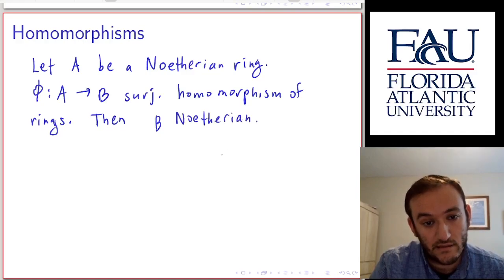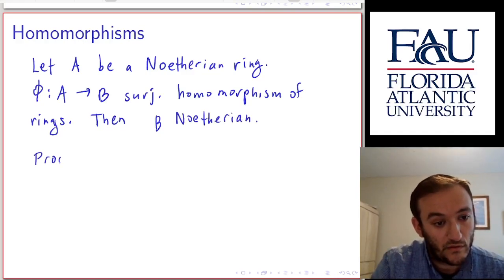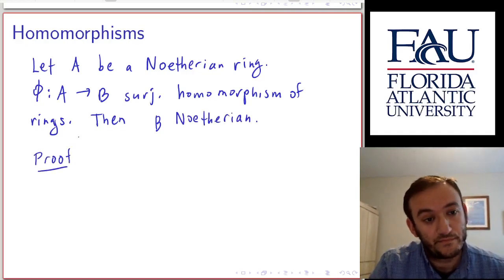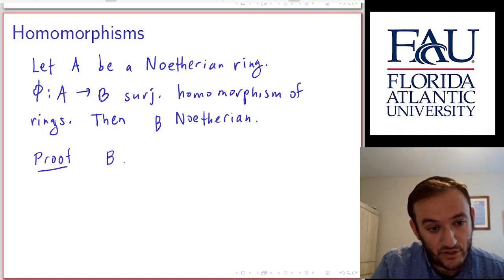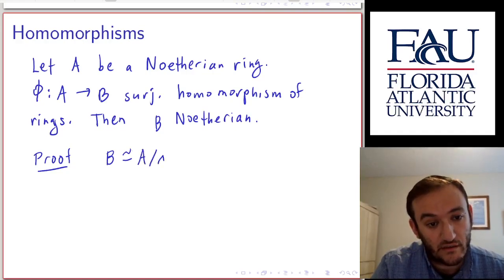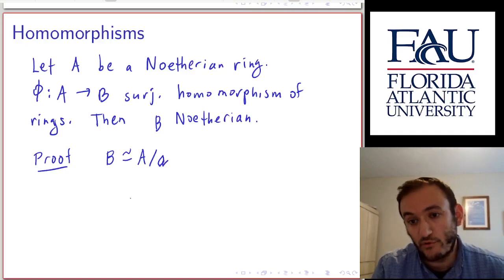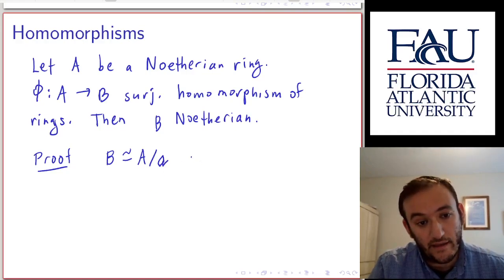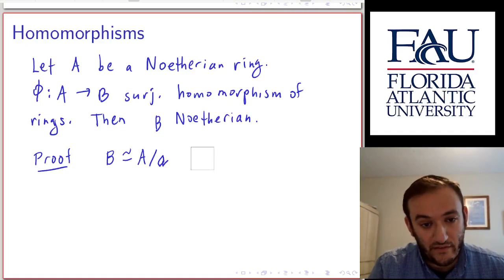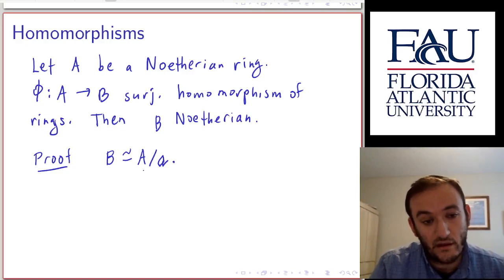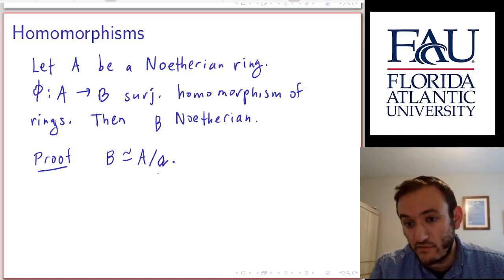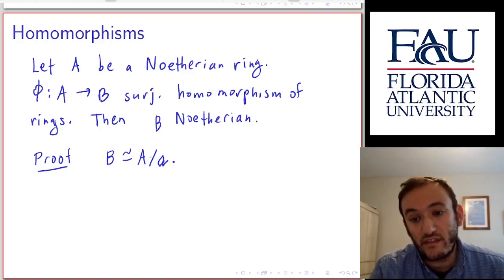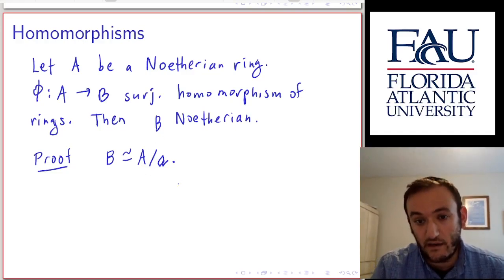Okay, and this is not hard to prove. Because you have a surjective homomorphism of rings, B is isomorphic to A modulo some ideal, which is the kernel of the homomorphism. And we know that when you have a quotient of A by an ideal, the ideals of the quotient are in bijection with the ideals of A containing that ideal.